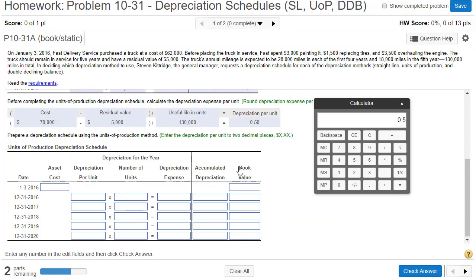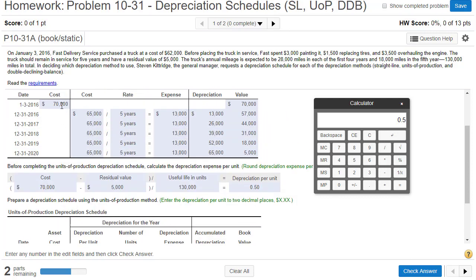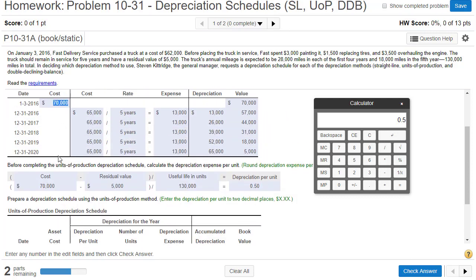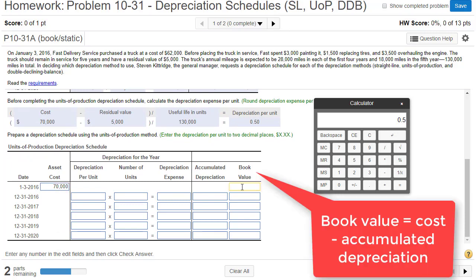Now we're going to do the depreciation schedule for units of production. So again, asset cost us $70,000. So same as up here. Copy and paste. The book value on the day that we buy it, January 3rd, it's still $70,000. Now depreciation per unit, we know this is 0.50.